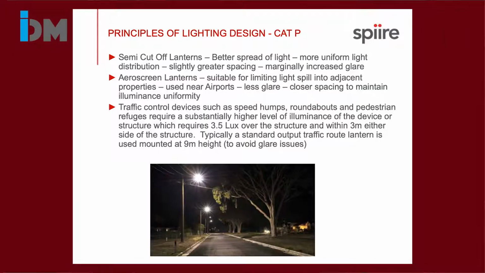When you do put a traffic control device in and it's of a type that if you hit it at speed you're potentially going to lose control, you need to have 3.5 lux over the actual traffic control device and at least 3.5 metres either side of that traffic control device at least 3.5 lux. You can have more, but on the approaches on both sides of the road, you typically need 3.5 lux light at least.